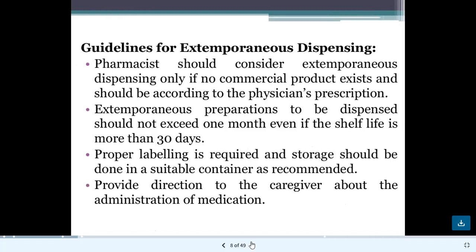Guidelines for extemporaneous dispensing. Pharmacists should consider extemporaneous dispensing only if no commercial product exists and should be according to the physician's prescription.